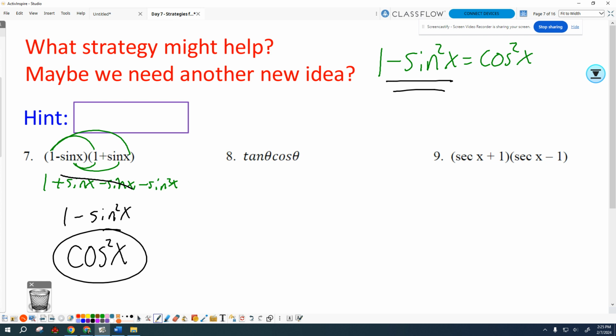A lot of these are Pythagorean identities, and some are not. So how can we tell if we need a Pythagorean identity or not?